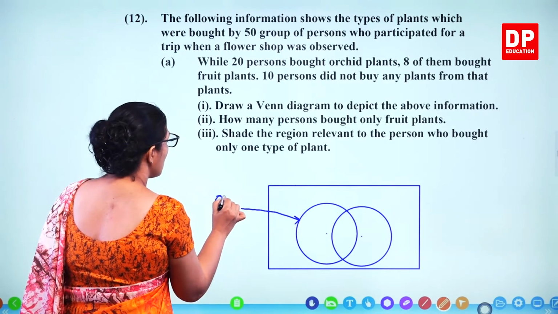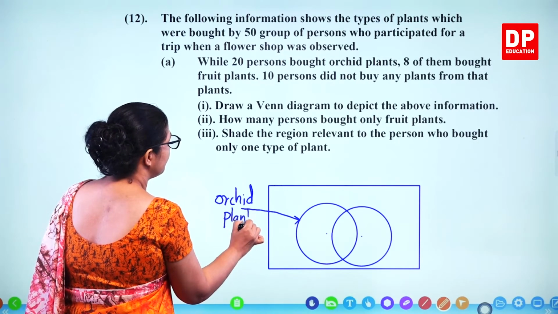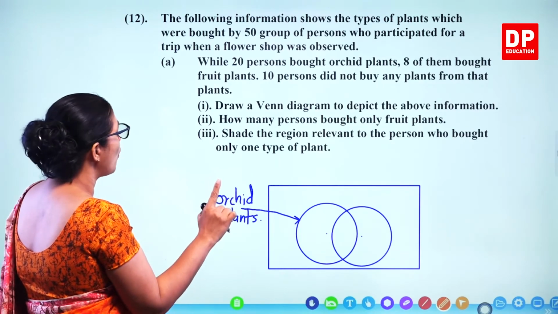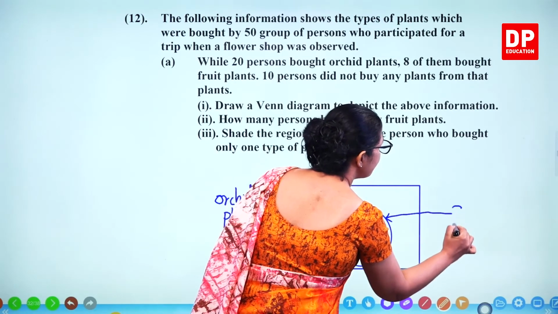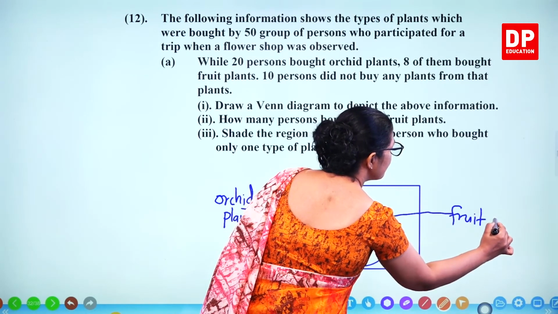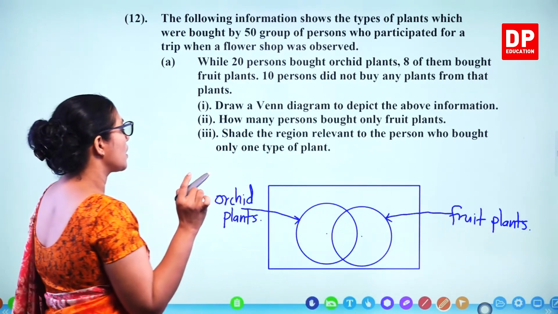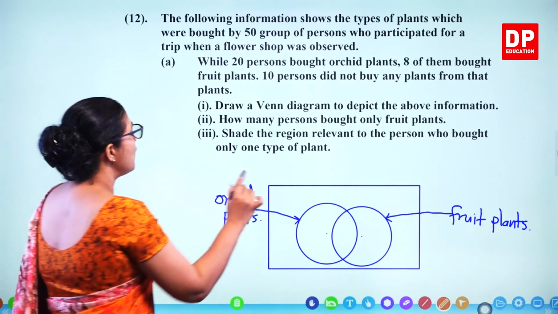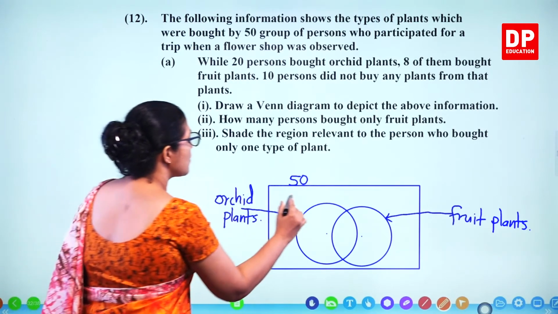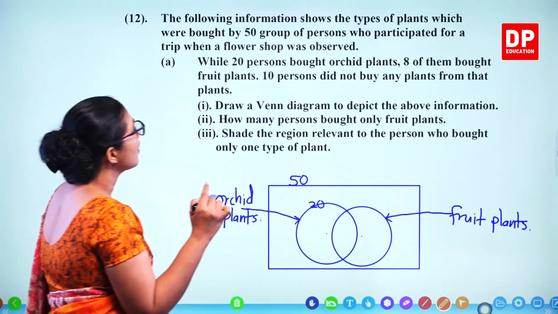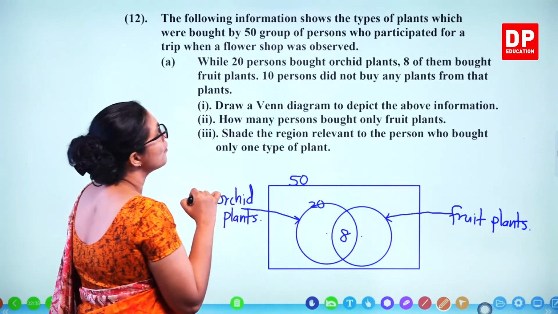One is orchid plants, those who bought orchid plants, and the other one is those who bought fruit plants. Then it says altogether 50 in the group. 20 persons bought orchid plants. So that's 20 here. 8 of them bought fruit plants. Out of that, 8 of them bought fruit plants.